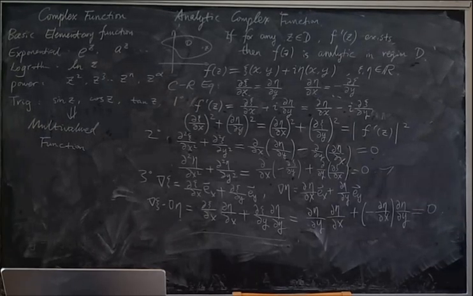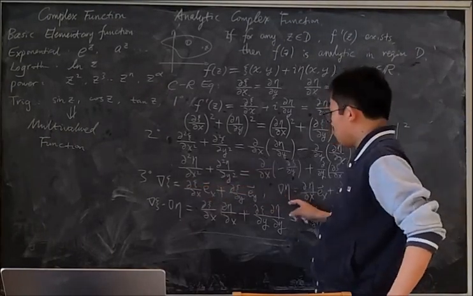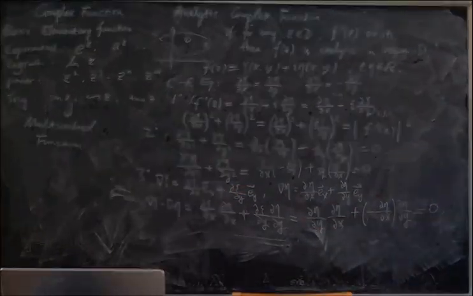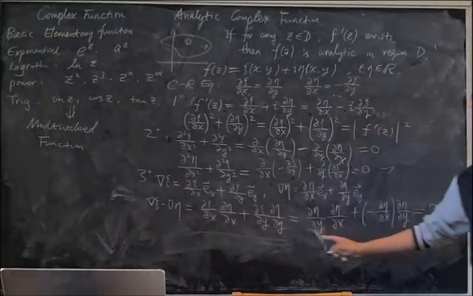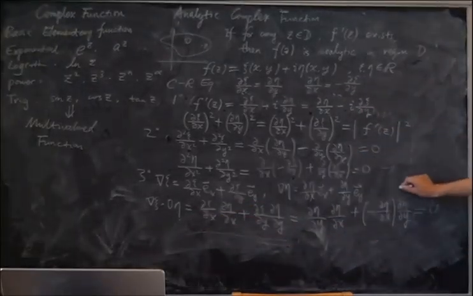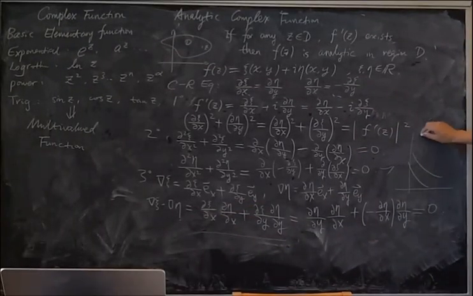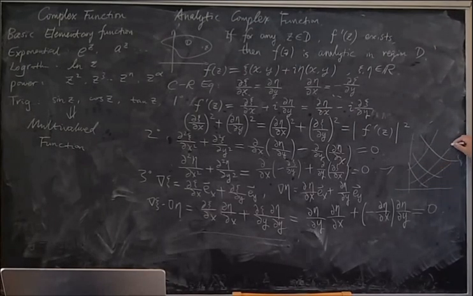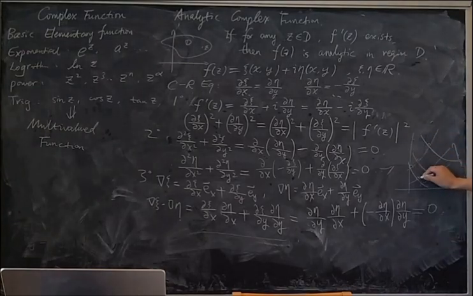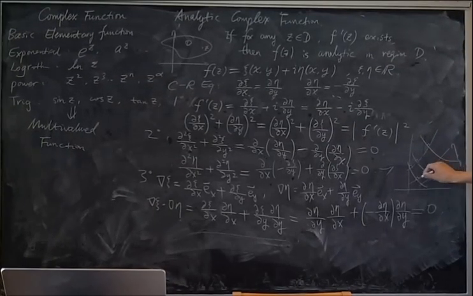That means the gradients of cosine and eta are perpendicular to each other because the dot product is 0. That is to say, if I draw the contour of cosine and I draw the contour of eta, then the contours should be perpendicular to each other everywhere.